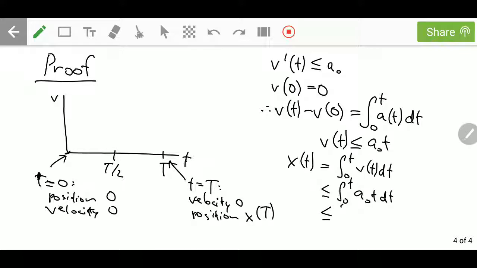And so that means it's less than or equal to 1/2 a naught t squared. And therefore it follows that x of capital T over 2, that's a capital T, sorry, is less than or equal to 1/2 a naught capital T squared.